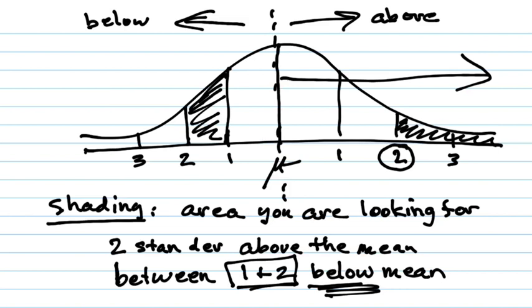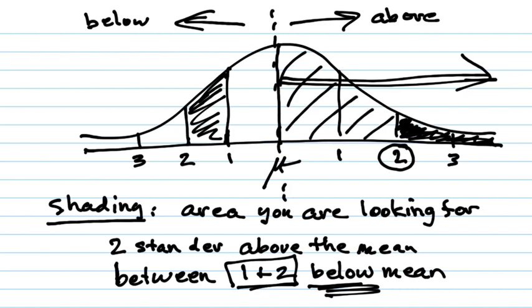The problem happens when you want something like this. Here, I want just this little tail, okay? But the chart is going to give me a lot more information than I need. So I'm going to have to subtract out all of this area. See, the part that I don't need.